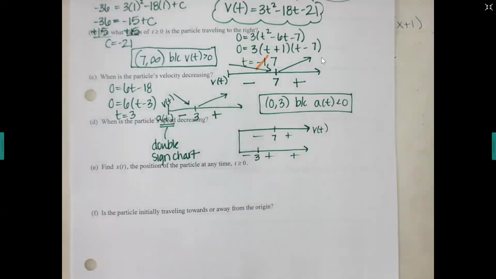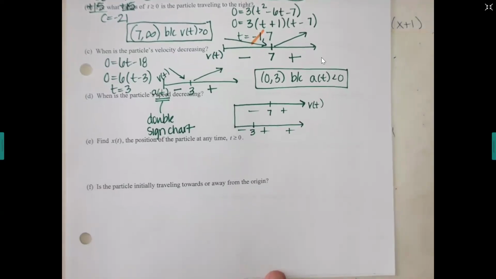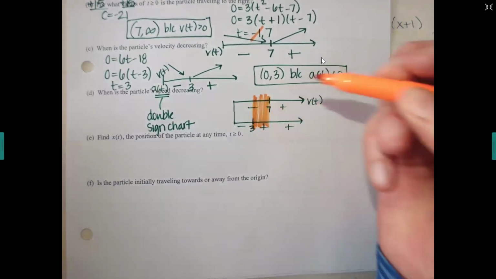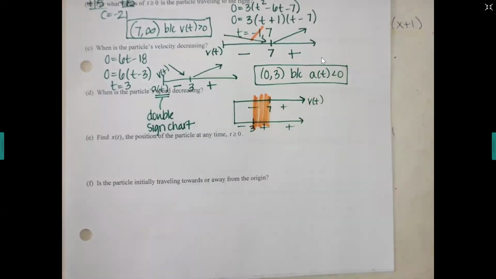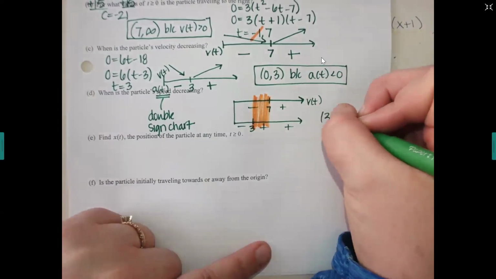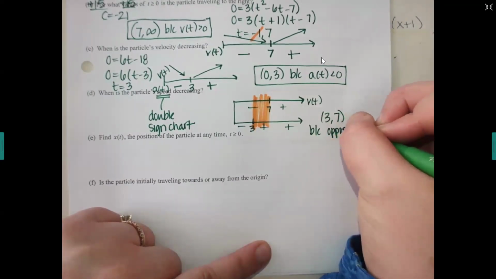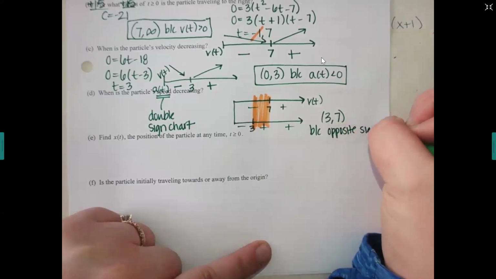And then I'm looking for opposite signs. When does that happen? 3 to 7. Okay, versus if you wanted it to be speeding up, you'd want them to be the same sign. So we'll put 3 to 7 because opposite signs.